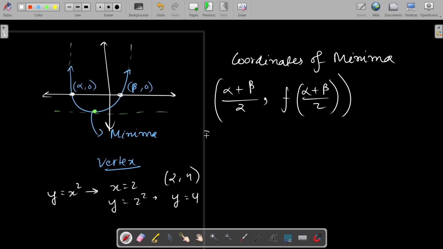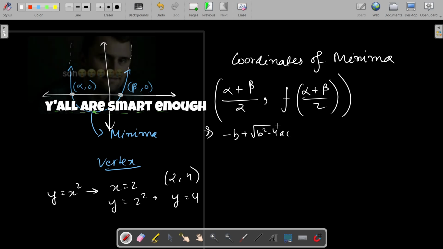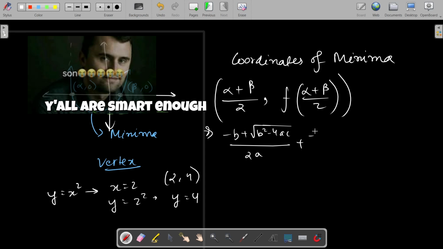Now when we add alpha plus beta, we get minus b plus under root b squared minus 4ac over 2a, plus minus b minus under root b squared minus 4ac upon 2a. We're only talking about the x coordinate right now. I forgot to divide this by 2, so this is divided by 2.